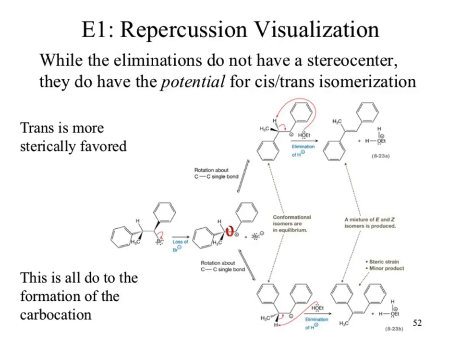Because it is unimolecular, the rate determining step is going to be the leaving group leaving, just like for the SN1. So the first step for the E1 and the SN1 are identical. The leaving group leaves, generating a carbocation. What is special about a carbocation? Where is the carbocation found on the carbon?